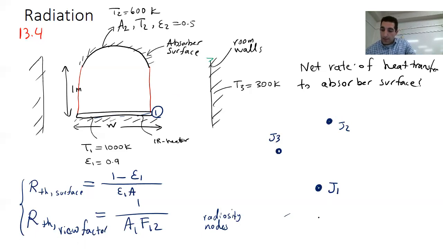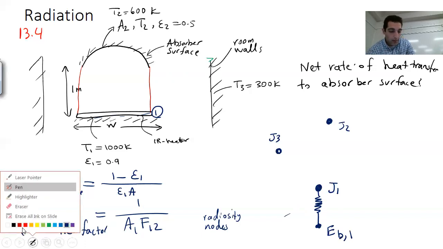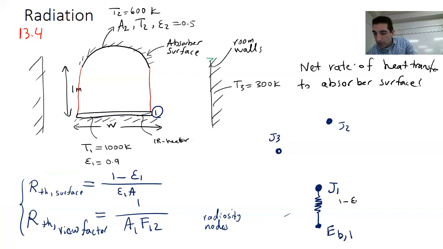Now, as I said, each surface ideally emits at its black body emissive power, which we call EB1, black body emissive power of surface 1, and then that surface resistance we were talking about is in between the ideal case, EB1, and what's actually happening. And that resistance is nothing but (1 minus epsilon 1) over A1.